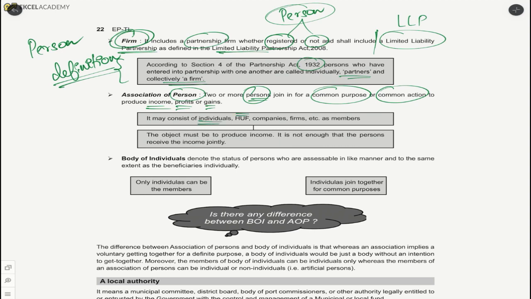They could be HUF, company, firms or anyone else, as long as they come under the definition of person. And here the object is also very important, that is to produce some income. It is not enough that they simply come together and receive the money. They should have the objective of, let's say, profit motive. There should be some profit motive or some income motive. Unless we have such a motive, we cannot call them an association of persons.